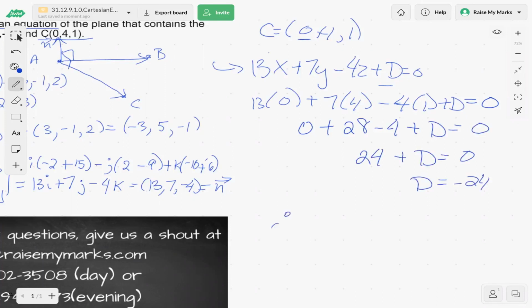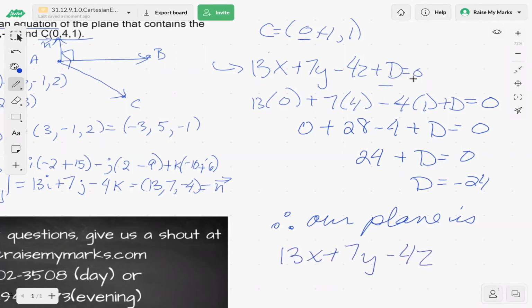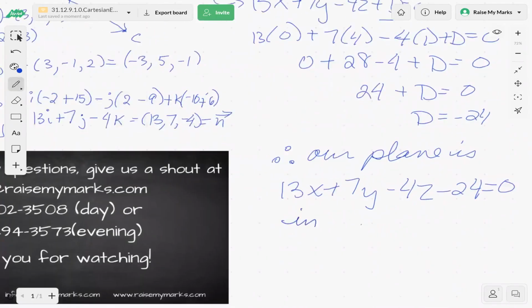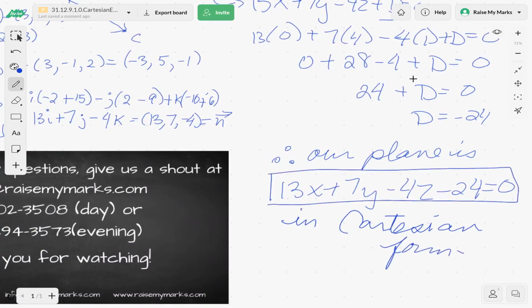So therefore our plane is 13x plus 7y minus 4z minus 24 equals 0 in Cartesian form. Good.